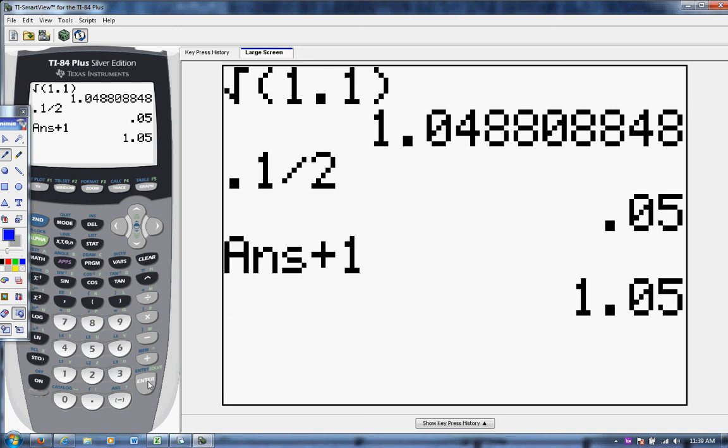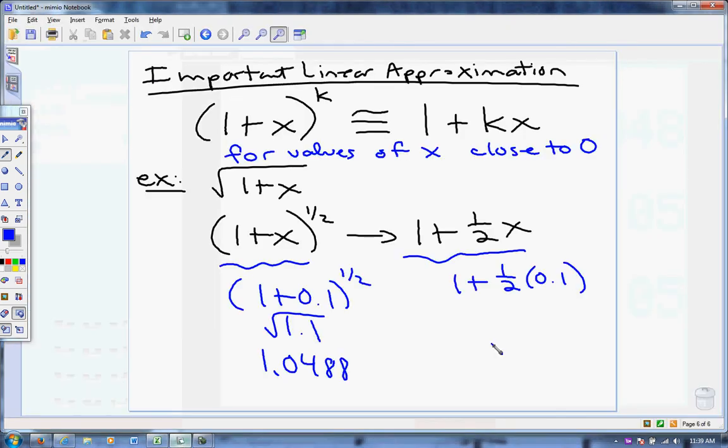And aren't they very, very close to one another? 1.05. Nice little example of how those two, as we get x values close to 0, approach the same thing. And we're going to stop there for today.